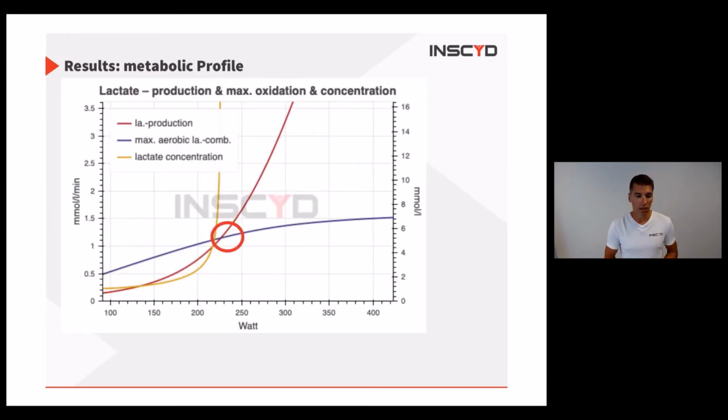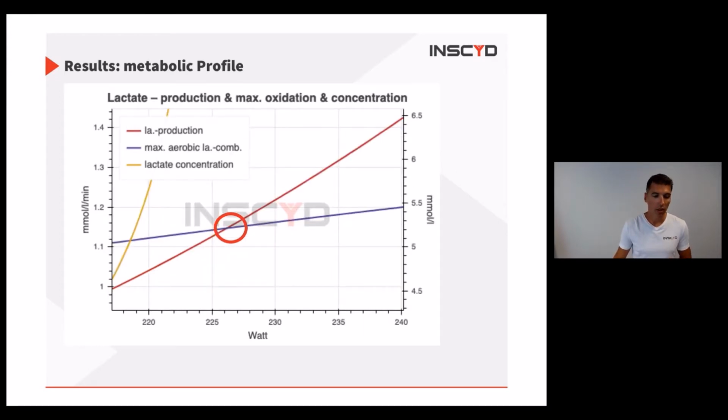What's interesting now is to look at the intensity at which the production matches the combustion. So we can say where the formation or production of lactate equals the maximum ability to combust lactate. Zoom in here and you see this power output.